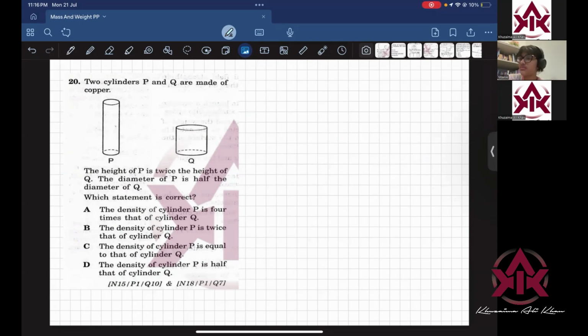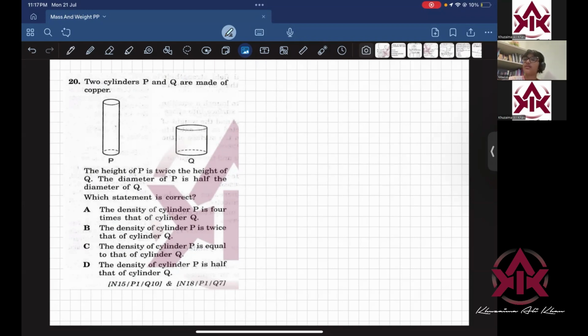Why is it P? It's just more thin, but it's still larger height-wise. You should have a logical reason for your answer, right?